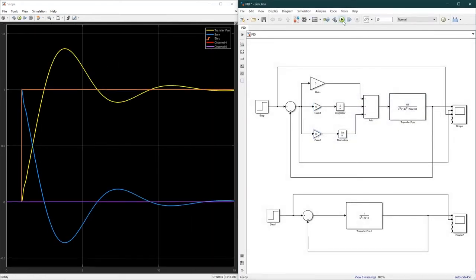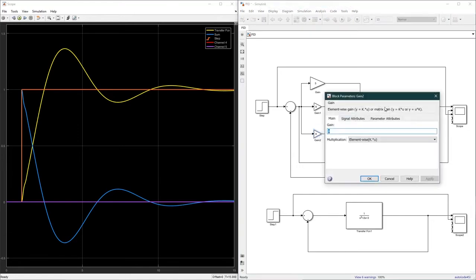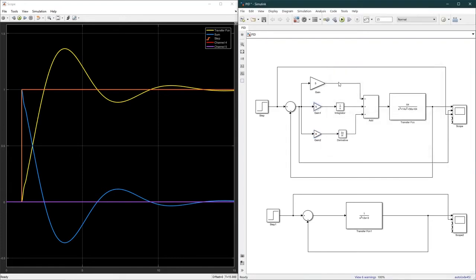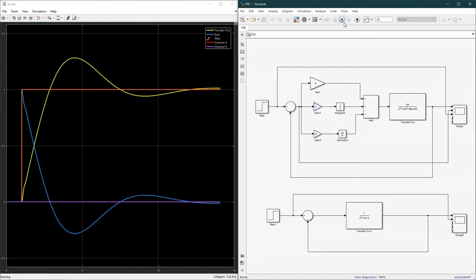Kd can delay the system, which can decrease overshoot. And also decrease Ki, which can cause overshoot.